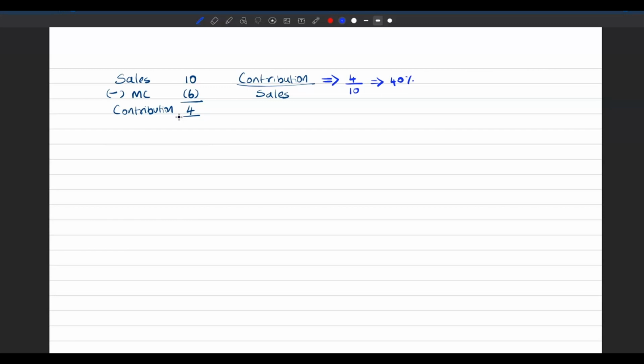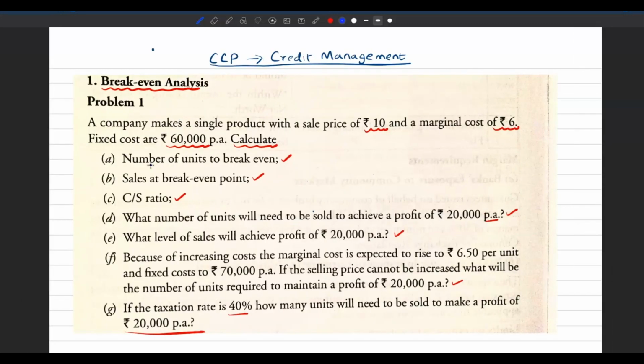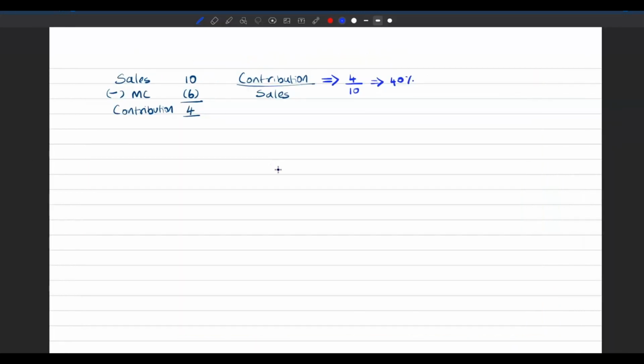Let's look at the first question. The first question is, how many units have to be sold to achieve break-even? See, what happens in break-even? In break-even, there is no profit, no loss. And what is our task here? We have to find out the number of units to be sold to achieve break-even.